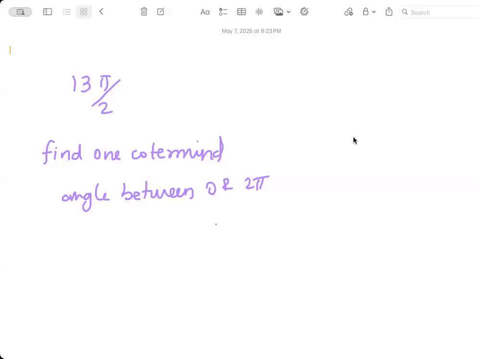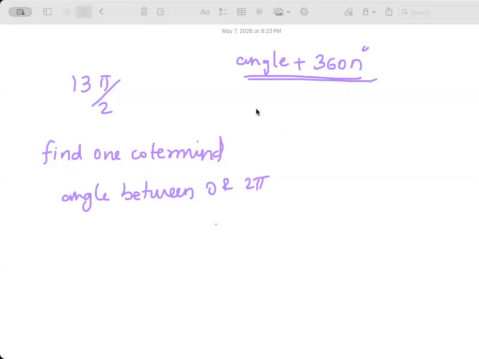Find one coterminal angle that lies between 0 and 2 pi. So what should you do to find that coterminal angle that is lying between 0 and 2 pi? First of all, you need to identify. See, you had angle plus 360n. When it was degrees, this was all the coterminal angles.